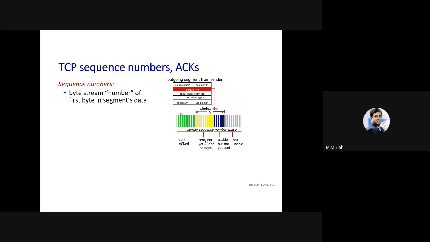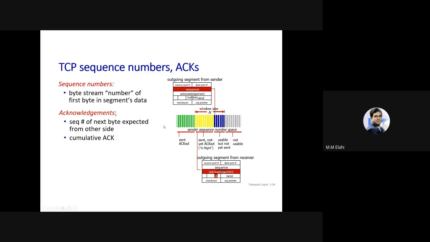So as you can see, the relationship between sequence number and the bytes in the header, and the bytes in the segment. The sequence number is the byte stream number of the first byte in the segment's data. So if the sender sends a particular segment with a number of bytes, the first byte will indicate the sequence number.